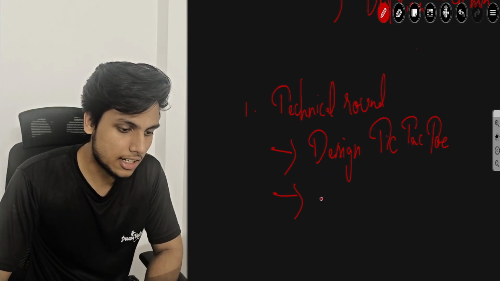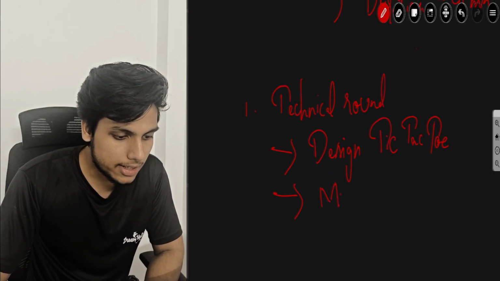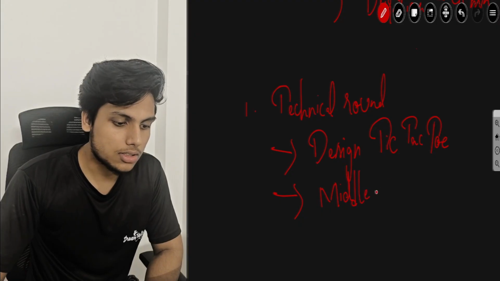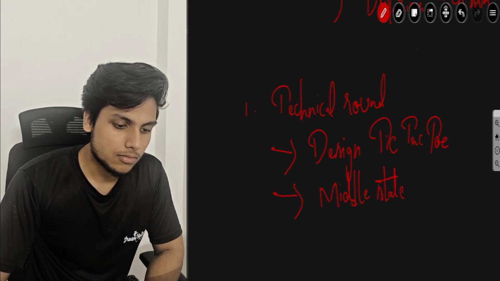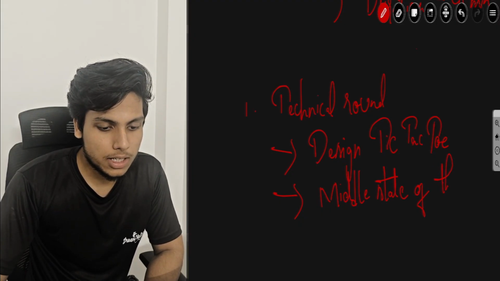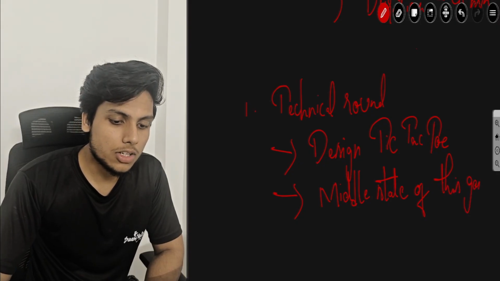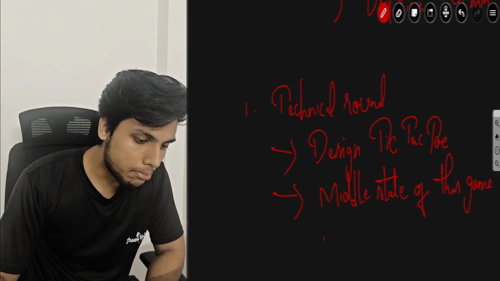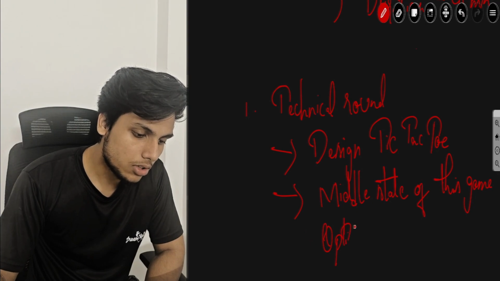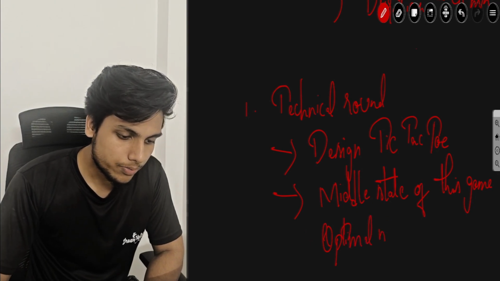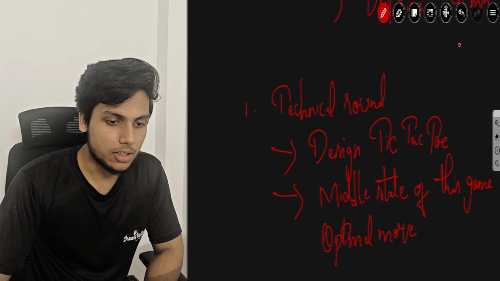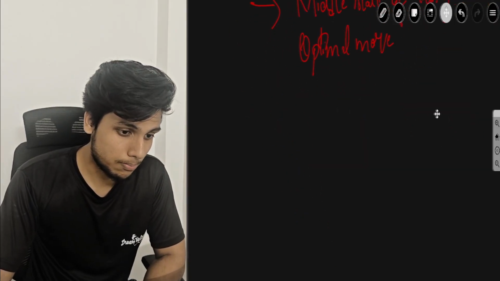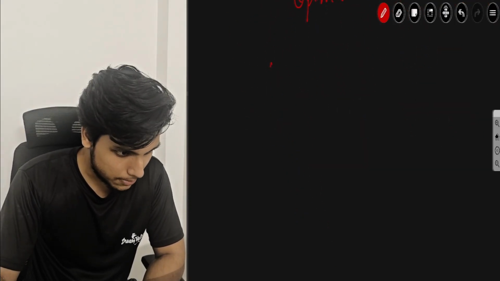The question states like this: you will be given some middle state of the game, and you need to tell the optimal move so that a player can win. I'll take you through one quick example.